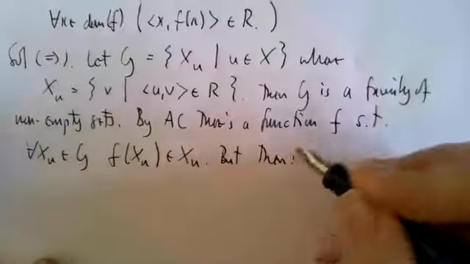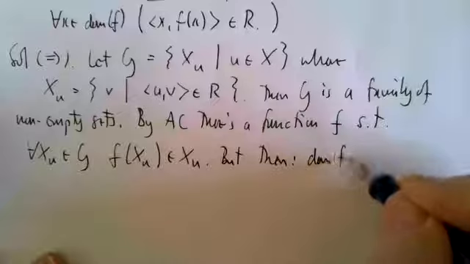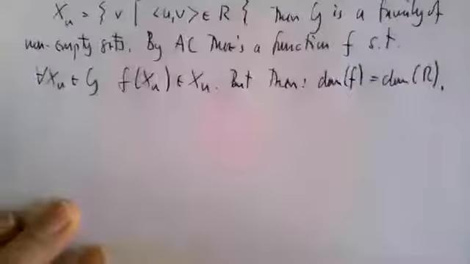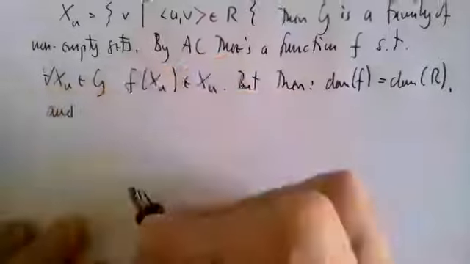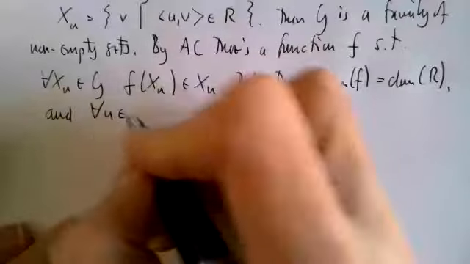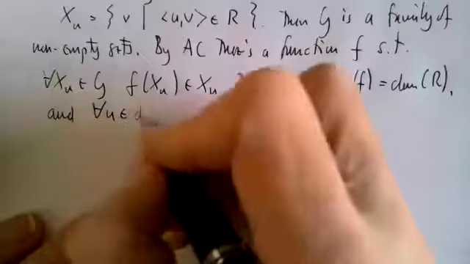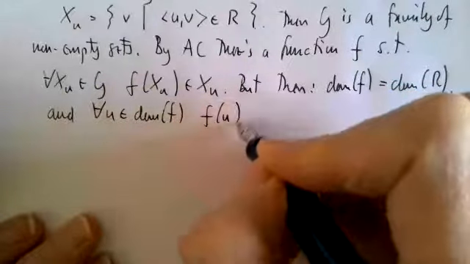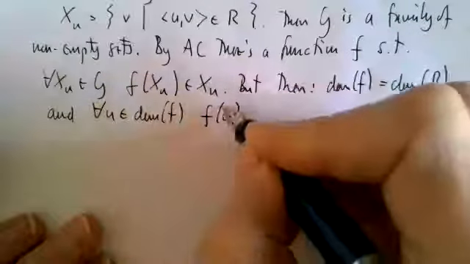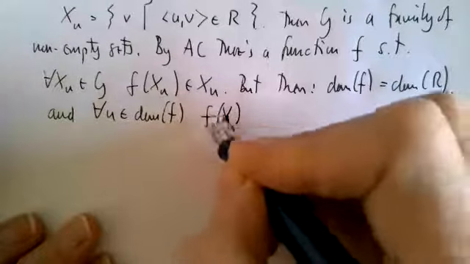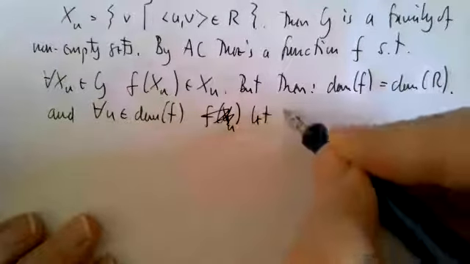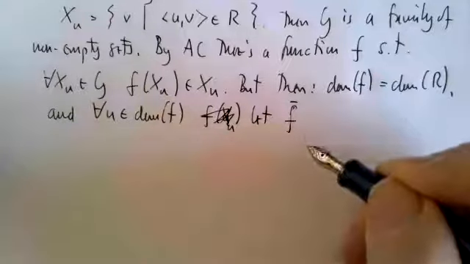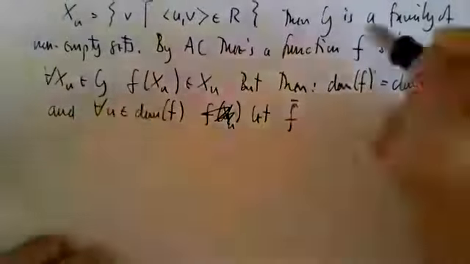But then what have we got? The domain of this F is the domain of R, right? And for all U in the domain of F, F of XU is in that F bar. I mean, strictly speaking, let's call this F0.